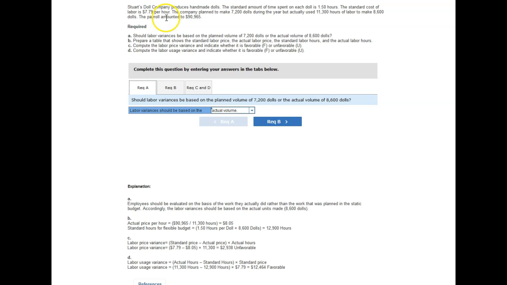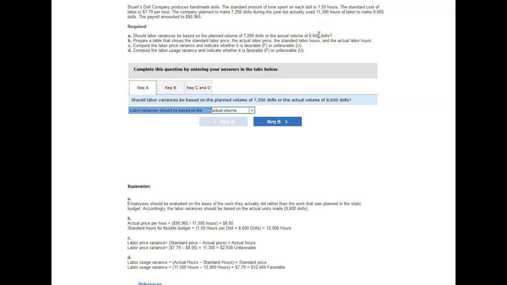Their actual payment for payroll was $90,965.